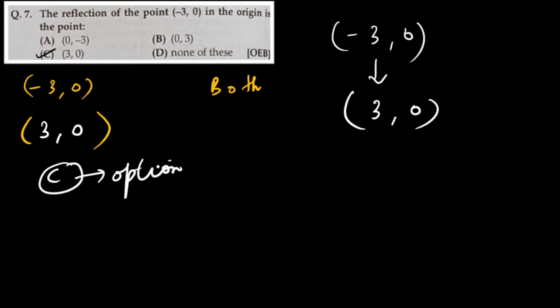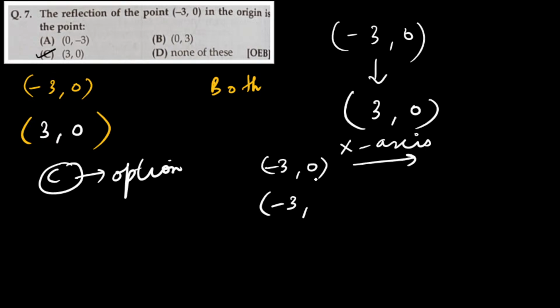Option C. See, just an example I am giving you. If this point is minus 3 comma 0, if we do its reflection in the x-axis, so x-axis means x will remain same, minus 3 will remain same, and 0 will always remain same. So you can see object and its image point is same, coordinate is same.